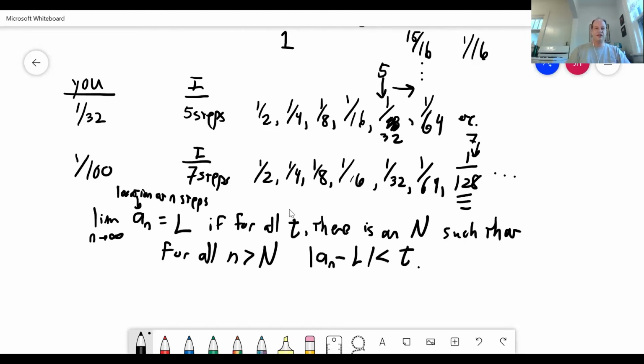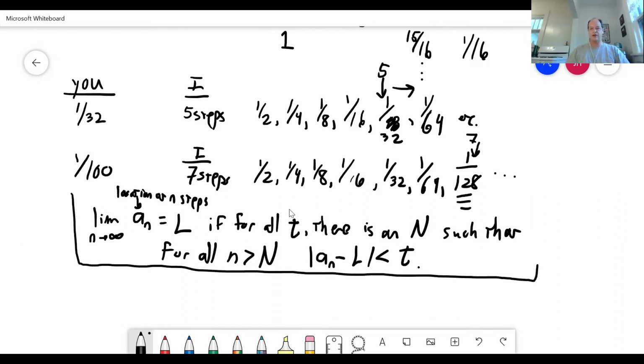And this here is the definition of a limit, the rigorous definition of a limit.